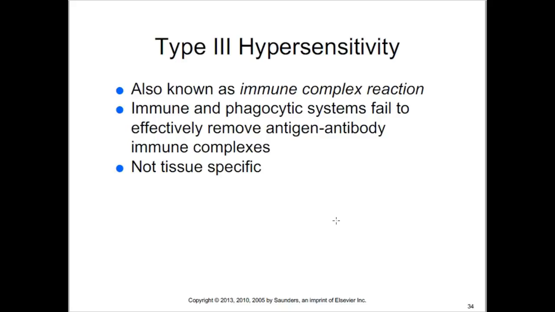A type 3 hypersensitivity reaction is also called an immune complex reaction. It is when the immune and phagocytic systems fail to effectively remove antigen-antibody complexes. So basically, as in type 2, you're going to have an antigen-antibody complex, however, this complex is not going to be eliminated from the body.